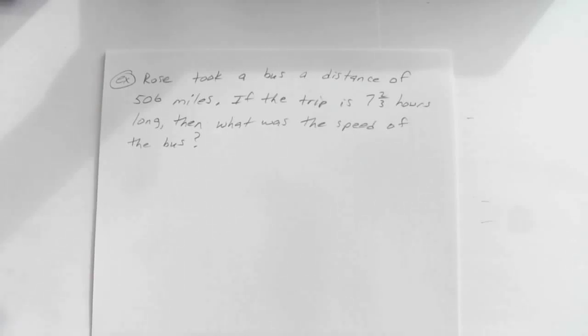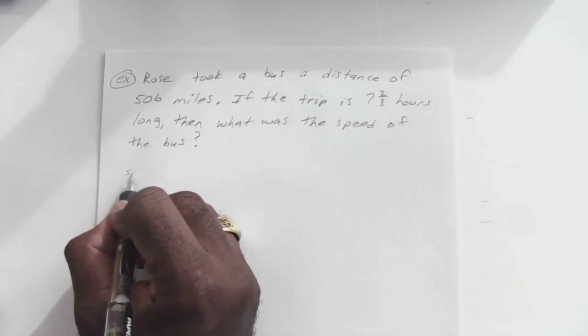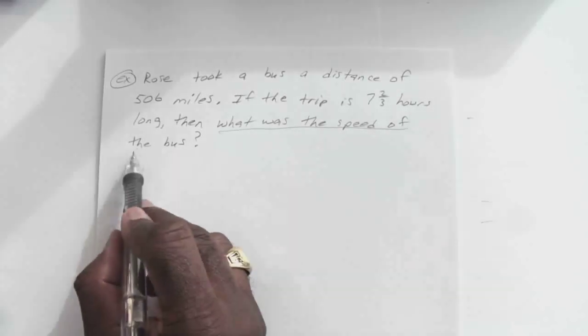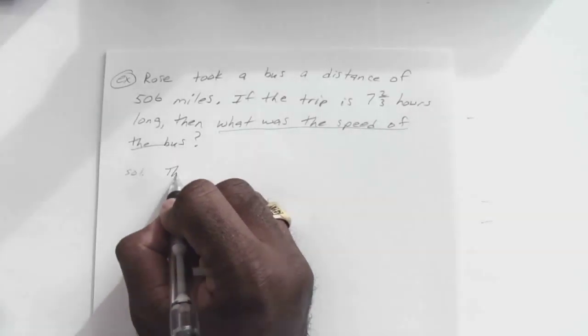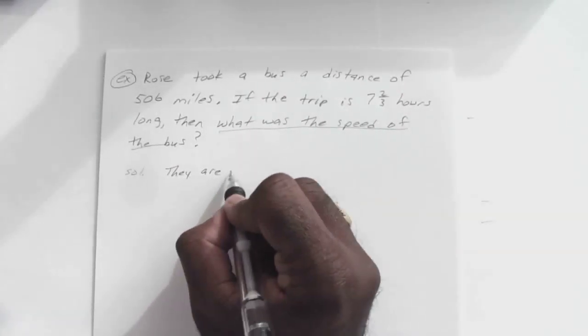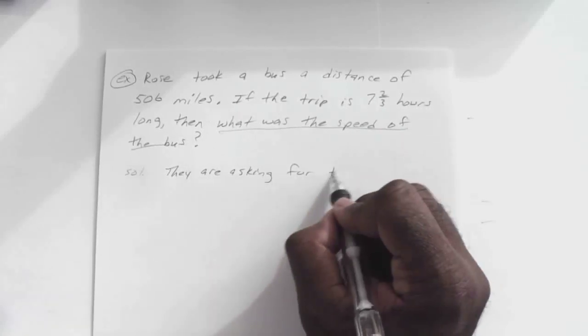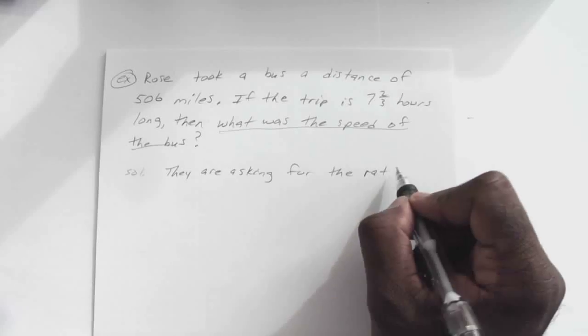Okay. So whenever they ask what was the speed, how fast is it going, or anything like that, they're asking you for the rate. They are asking for the rate or rate of speed.